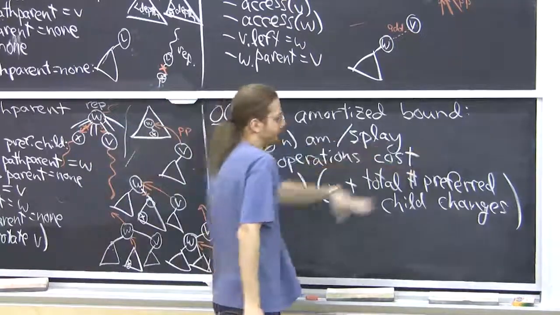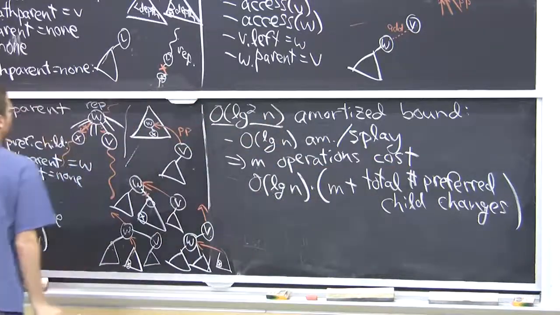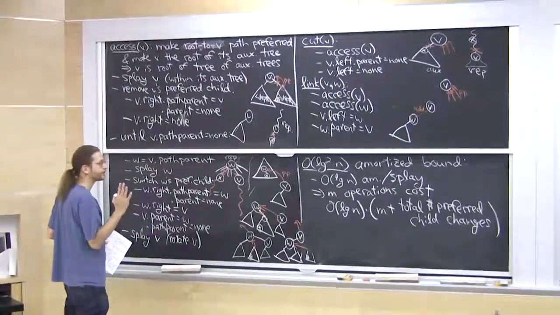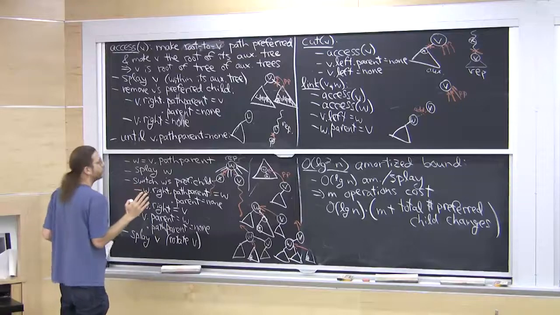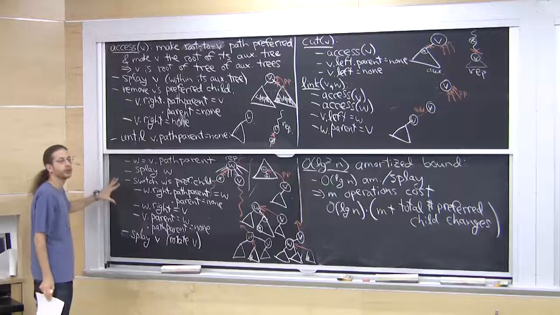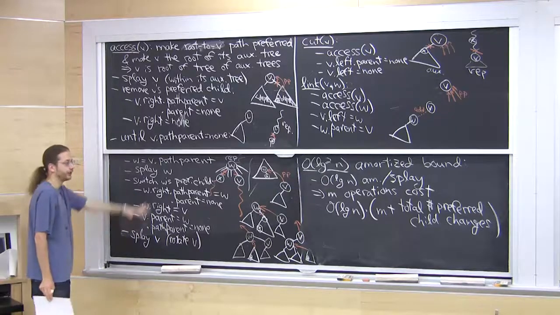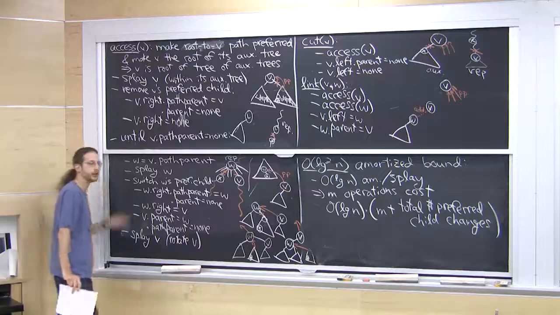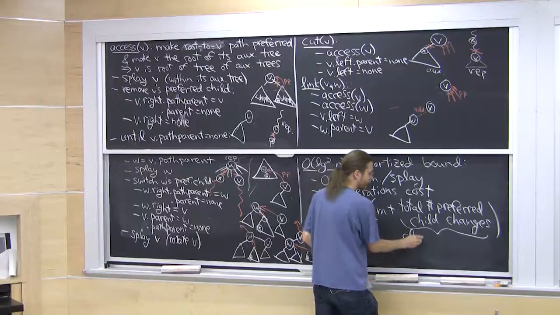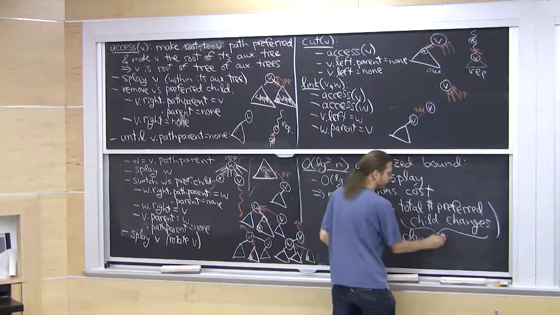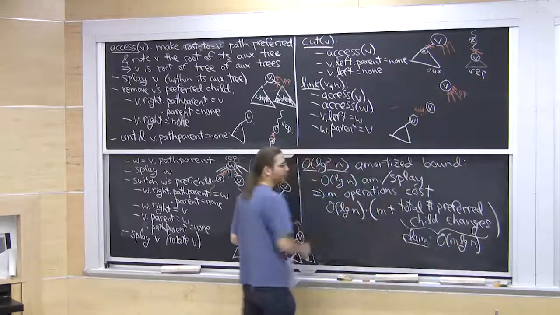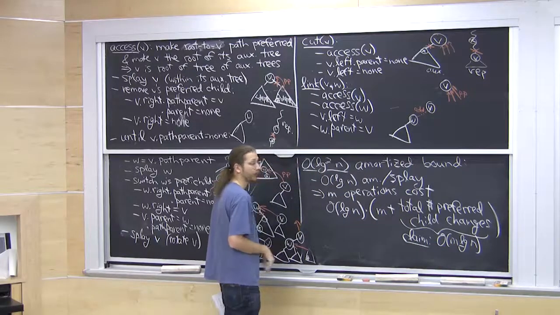Maybe one more splay, but a splay is just another log n. And the total number of preferred child changes comes from this access thing. We're doing one splay per preferred child change. So if that thing is reasonable, you just take it, multiply by log n, we're done. So the remaining thing is, at this point, just a claim. Total number of preferred child changes is order m log n. So if you take this whole thing, divide by m, you get log squared amortized.